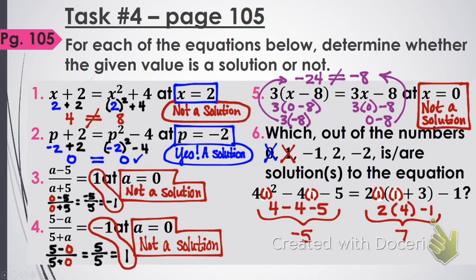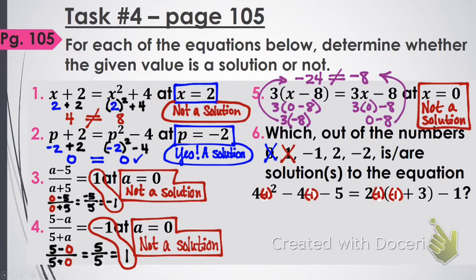What about if we change those ones all to negatives? What do I have on the left when I replace it with a negative 1? Positive 4. And then it's plus 4, right? Because negative times a negative, I get a positive. And then minus 5. So this whole side over here would give me what?